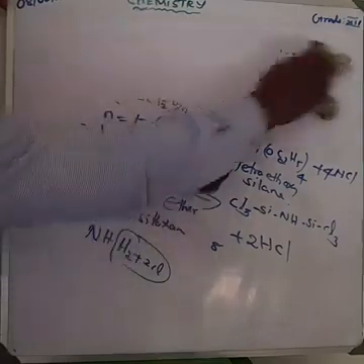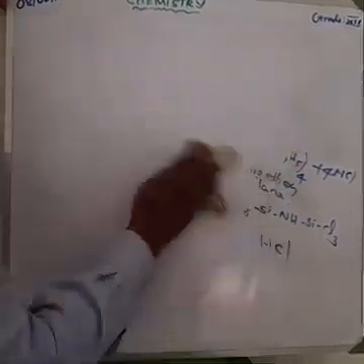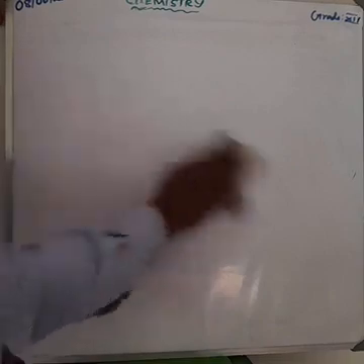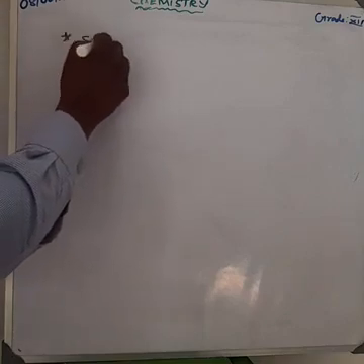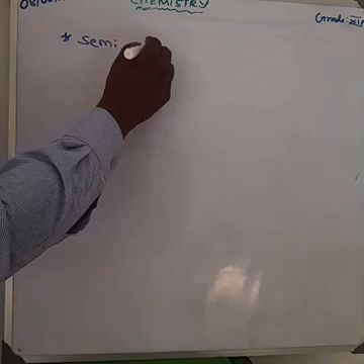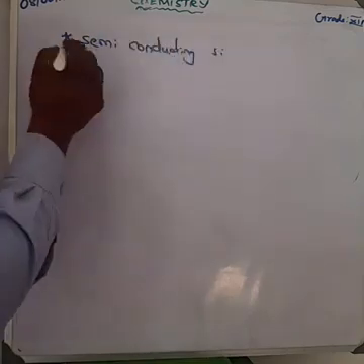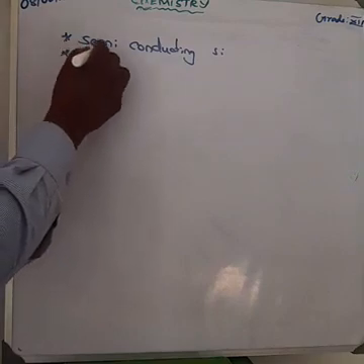Then what are the uses of silicon tetrachloride? Silicon tetrachloride is used in the production of semi-conducting silicon. And also, it is used as the starting material in the synthesis of silica gel.